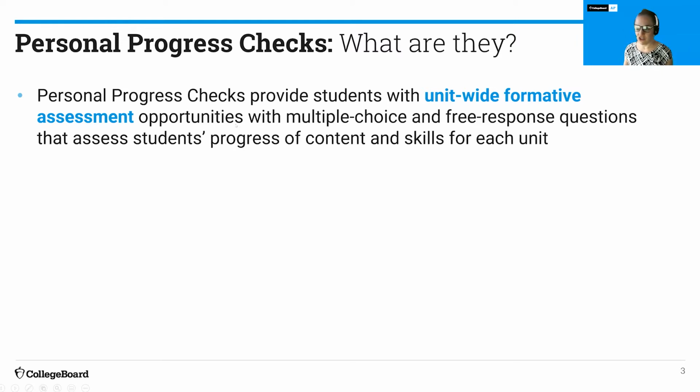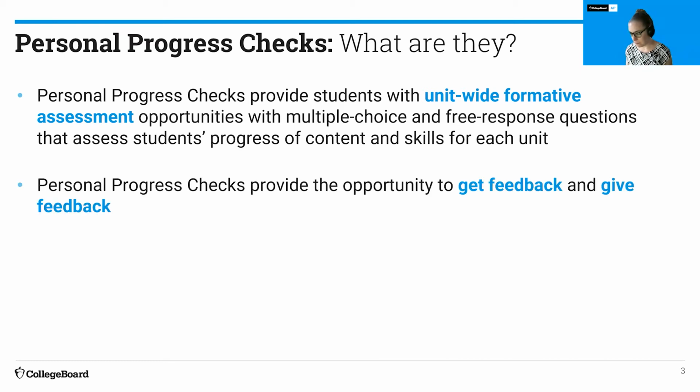So it should be mentioned here that personal progress checks are a full assessment, but they're formative. They're meant to meet students where they are in a particular year. So they will start at a more basic level in Unit 1, and then they will get increasingly more difficult as you go through other units of the course and students learn additional course content and skills.